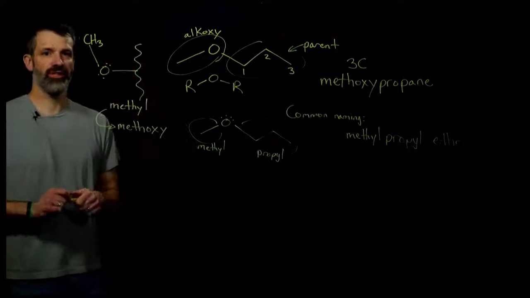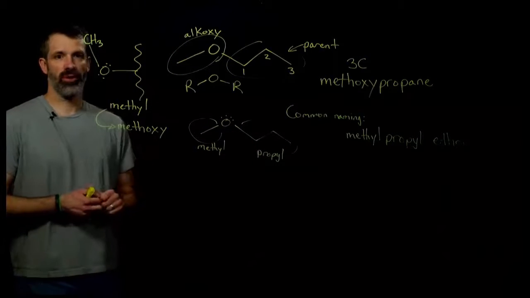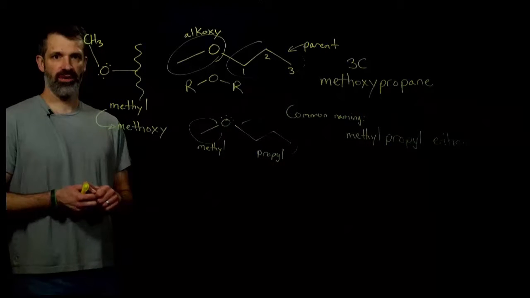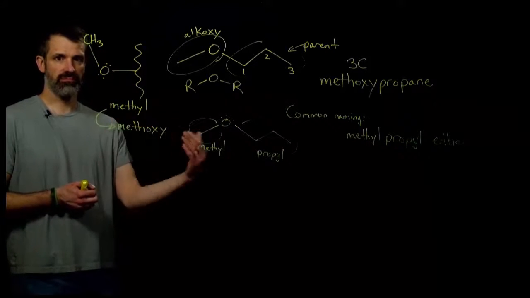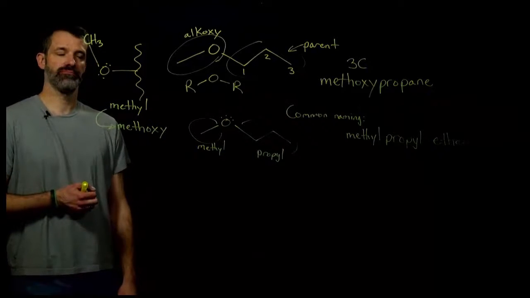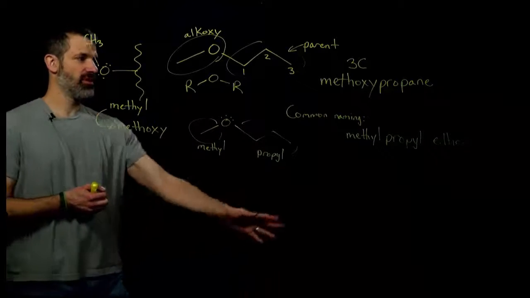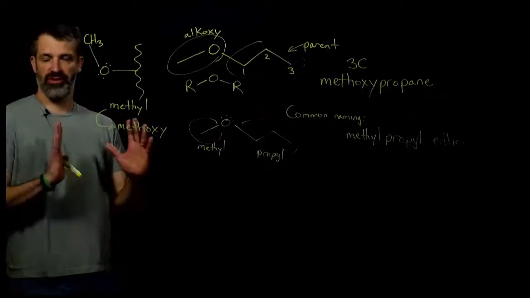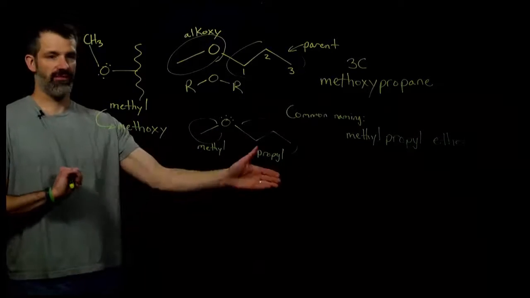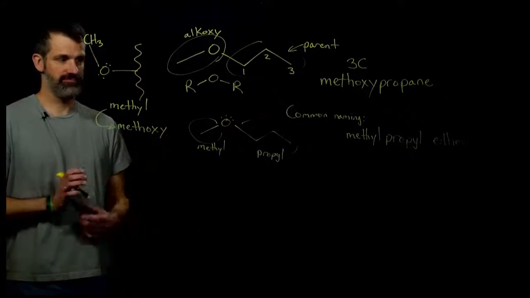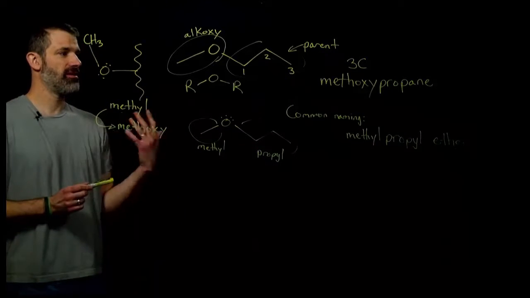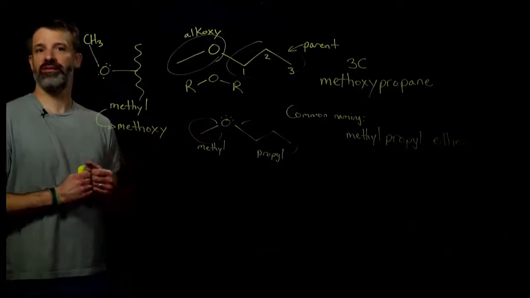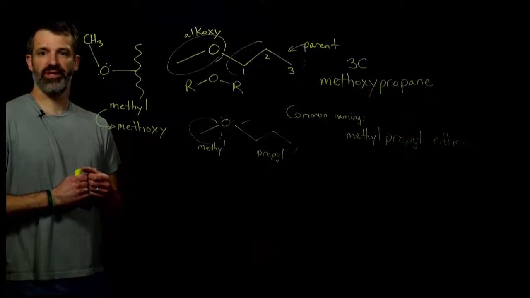So again, this is very similar to our alcohol naming, where we had the name of the alkyl group attached to the OH, followed by alcohol. In the common naming for ethers, we name the 2 alkyl groups on either side of the oxygen, followed by ether at the very end. So common naming here can convey the structure of the ether much more quickly.